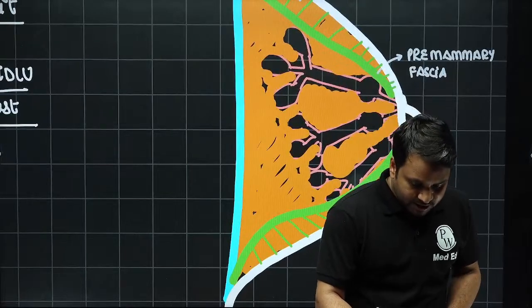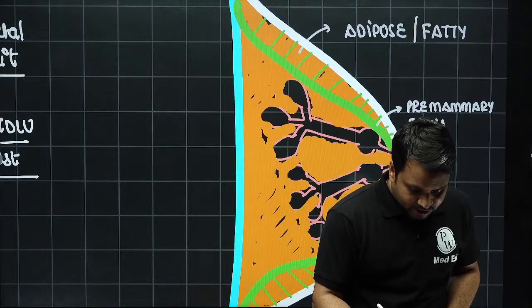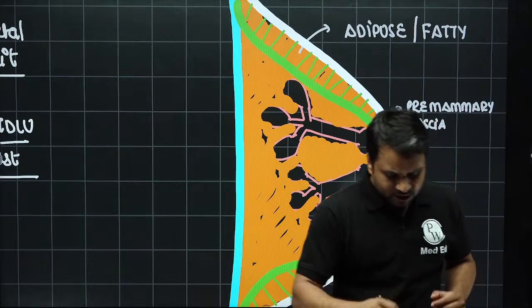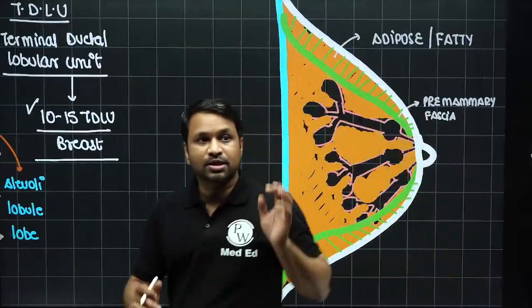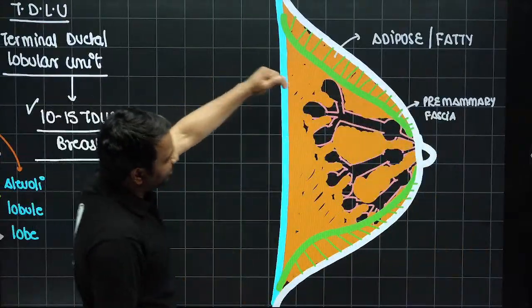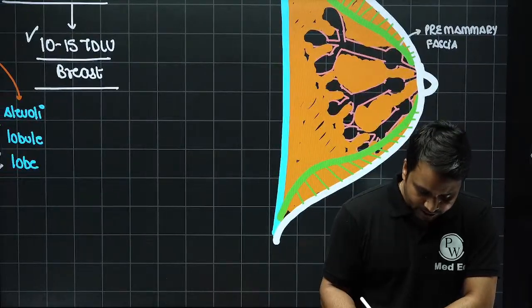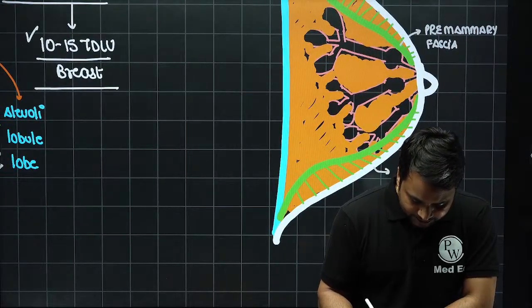So these structures or these strands which you can see, which are arising, or I can say which are attached. When you look at this, the attachment is between the pre-mammary fascia and the skin, and these attachments are what we call the suspensory ligaments of Cooper.